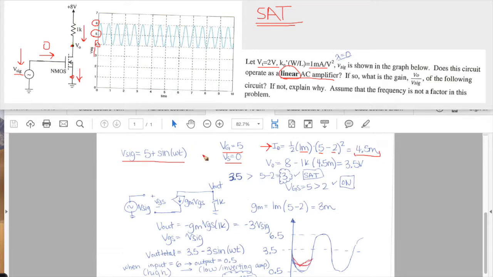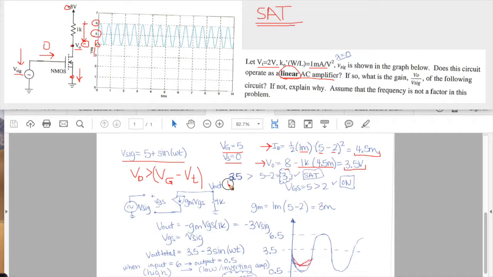Now we need to check the condition that Vd is greater than Vg minus Vt. Vd is going to be Vo, and we have 8 volts minus 1K times the ID of 4.5 milliamps, and that gives us 3.5 volts.